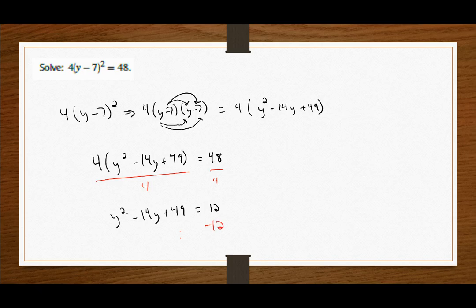Moving our constants to the same side, we would then have to identify the factors of our last term here that add up to negative 14. Since the factors of 37 are 1 and 37, this is not going to be a viable option.